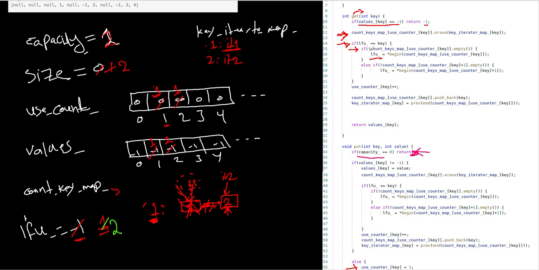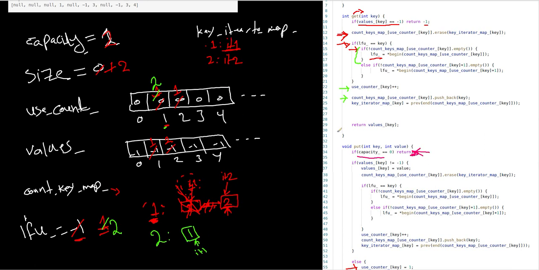Now we apply this if condition. Now use counter of the key, we add 1, we have the key 1, and so we increased by 1, so we have 2. Count of key map, now this value 2, we need to insert the key corresponding to it, which is 1. So this linked list will have this key 1, and this is iterator 1, which is a pointer to this node.